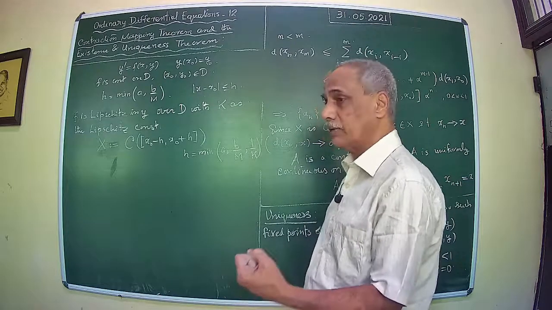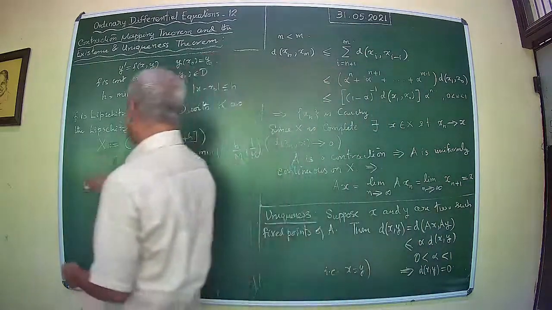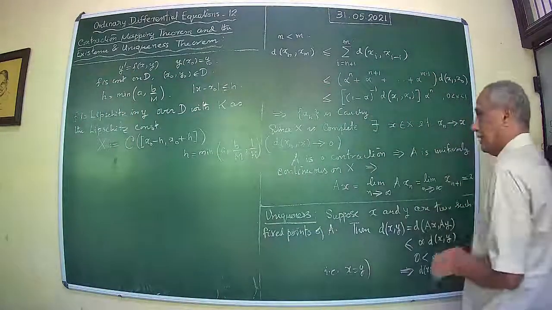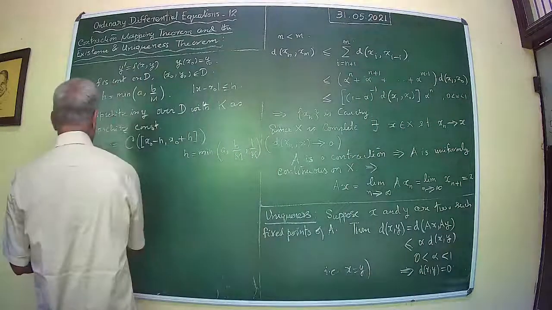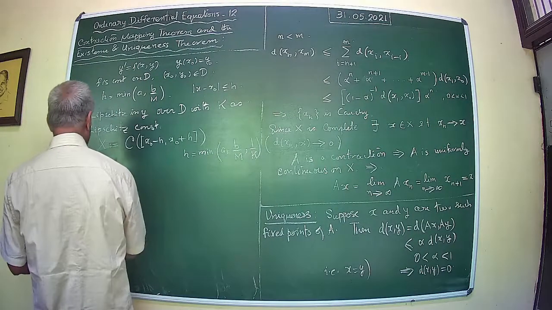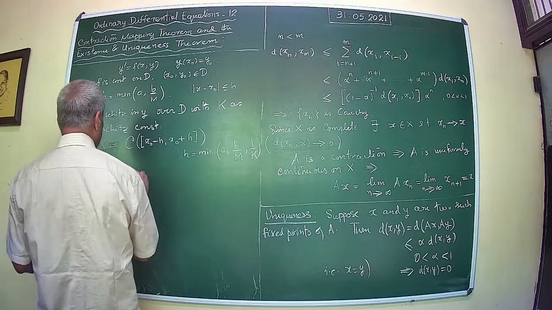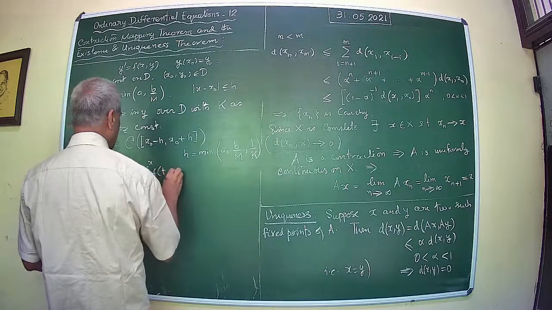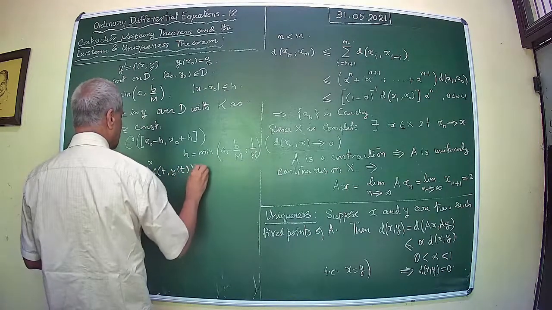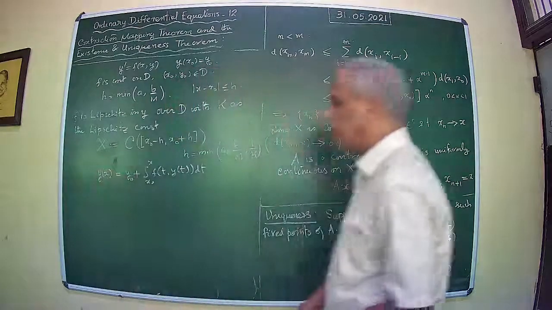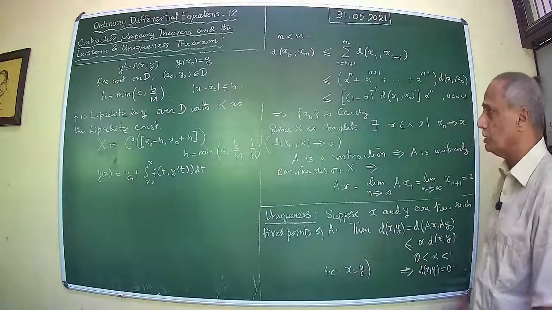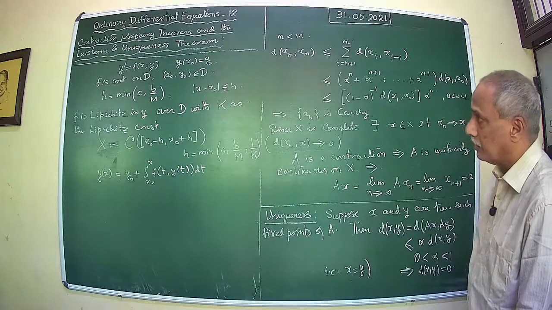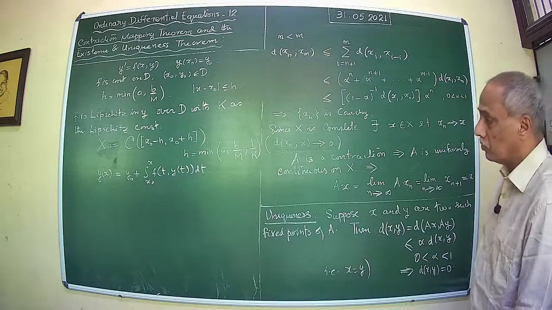Now you use the formulation that we did. You have the equivalent integral equation, y x equal to y naught plus the integral. So you prove that this integral equation has a unique solution, then it is a solution of the initial value problem. Okay, right.